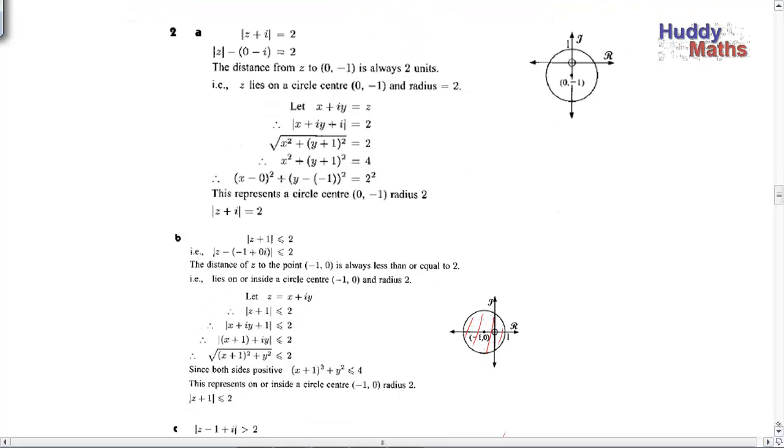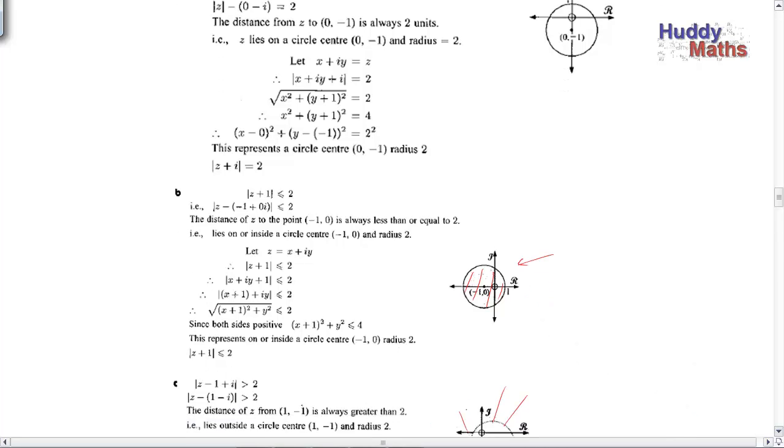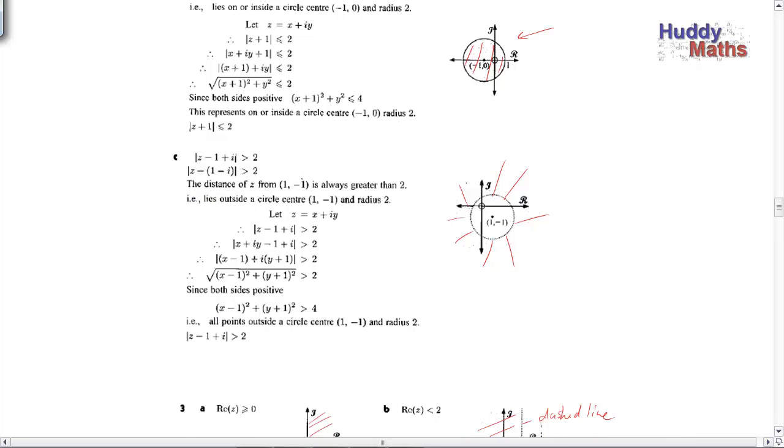Okay, so here we are, 2 part A. This didn't come out very well, so I've shaded the inside of the circle there, and the circumference is included there. And C, it didn't come out. Just notice that this is a dashed line here. It's a dashed line.